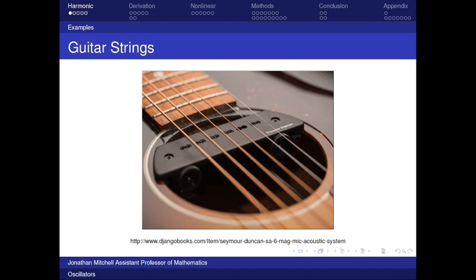So, you've probably seen a guitar. The strings on a guitar are excellent examples of a harmonic oscillator. As the string vibrates, it can create all sorts of sounds. You can change the pitch based on where your finger is on those frets, but that is a good example, primarily because a harmonic oscillator has a restoring force, okay?